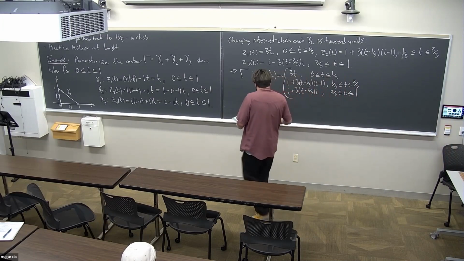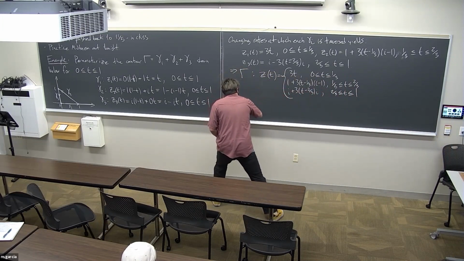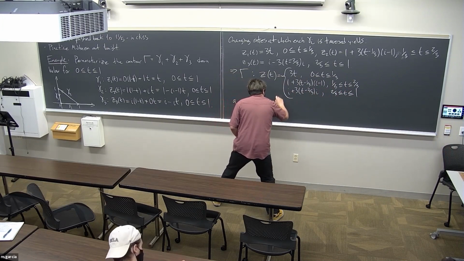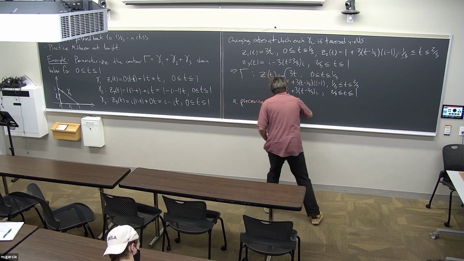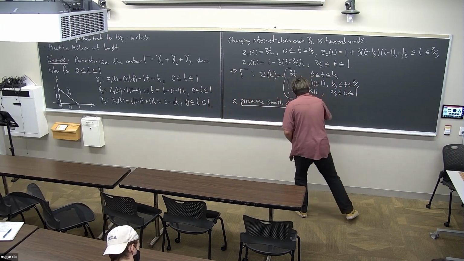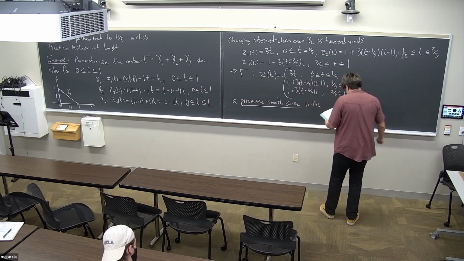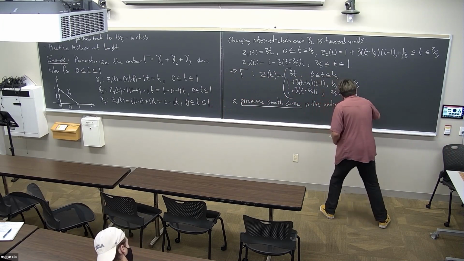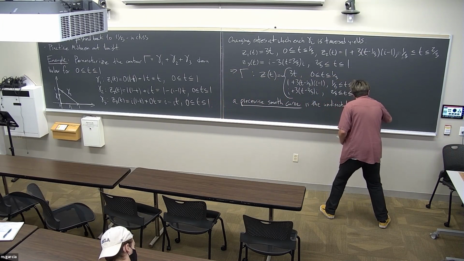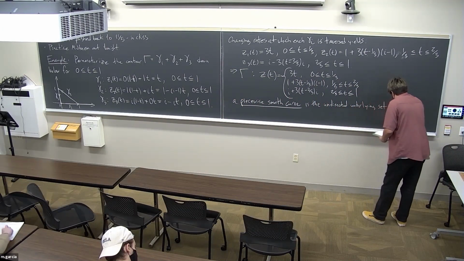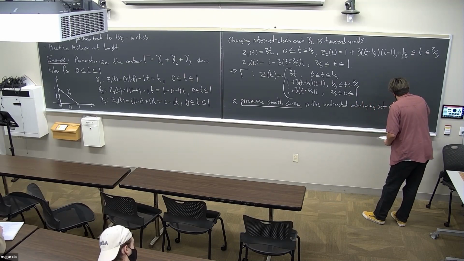So let me just say a piecewise smooth curve is the undirected underlying set of some contour gamma.